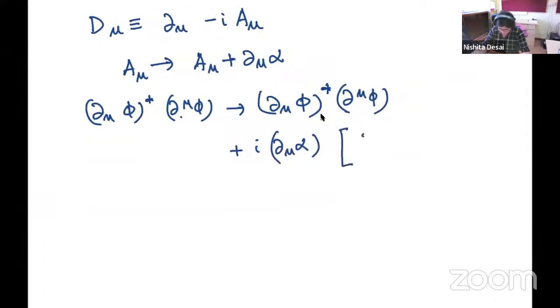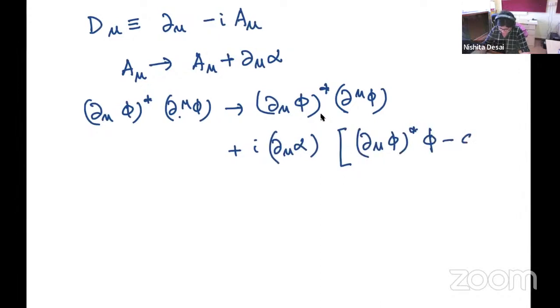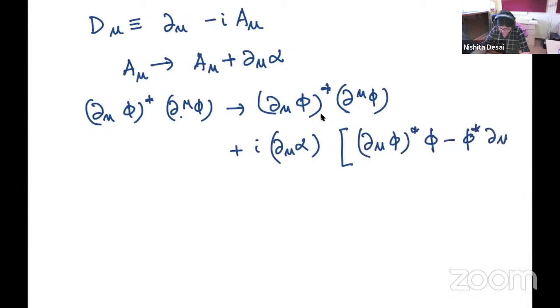So we have phi. Right? So you have two terms like this, and you will have a term that looks like this.